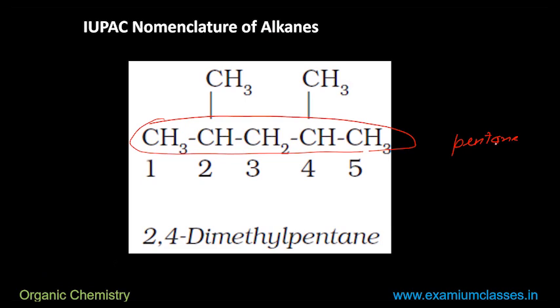5 carbons. Then either side, whether I move from left side or right side, the branching from here will be 1, 2, 3, 4, 5. So it is similar from both sides. 2, 4, 2, 4. So I can start from anywhere, whether left or right. It is symmetrical from both sides. So on 2 and 4, I have methyl group.